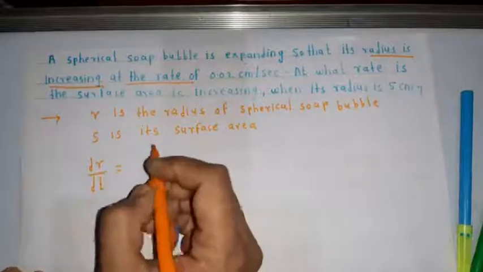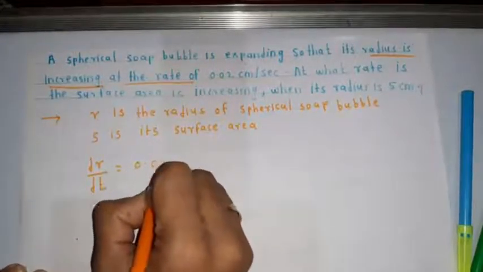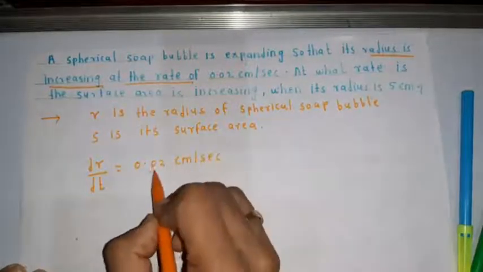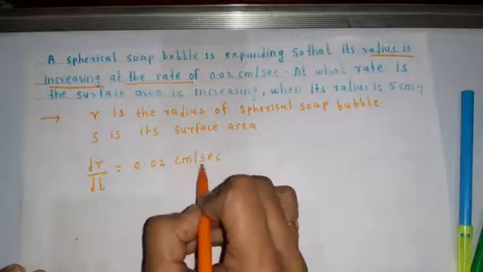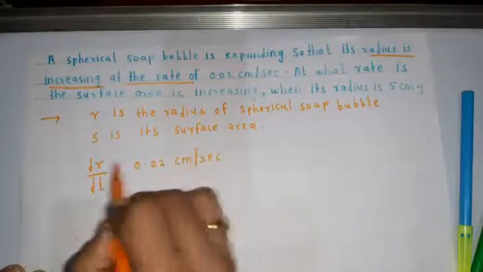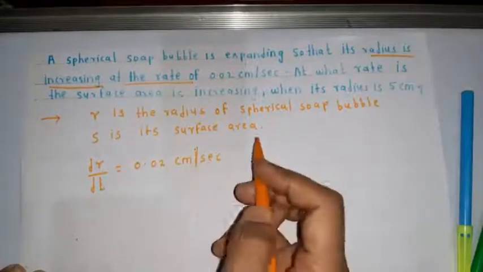Please note these things. And dr by dt is 0.02 centimeter per second. That is the unit of radius per unit of time, that is centimeter per second.